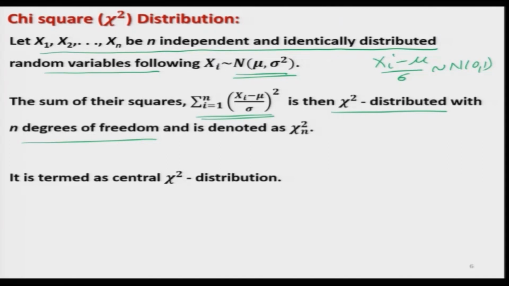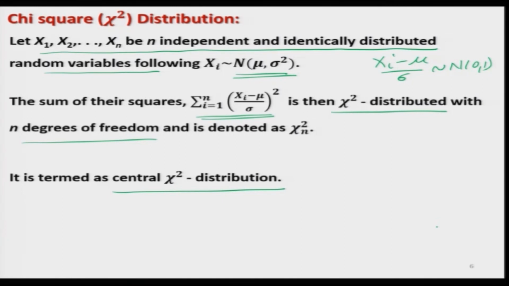And whenever we take such normal 0, 1 random variables, the chi square distribution is termed the central chi square distribution. So when there is a central distribution, there should also be something called the non-central chi square distribution.